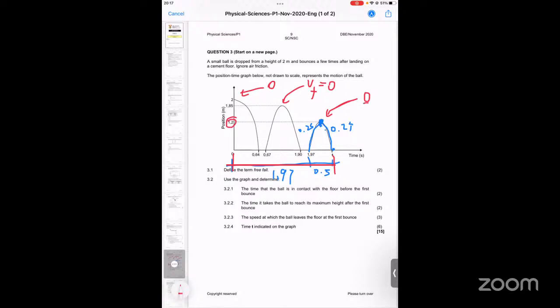You have that which you can take as V final, and then you also have 9.8. So already you have 3 things. Then if you have 3 things, how about you then calculate that time, and then you just multiply it by 2, and then you add it with that. Then it will give you the time at T. Does it make sense, Henry?